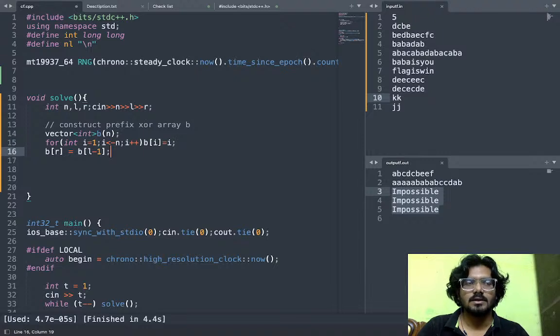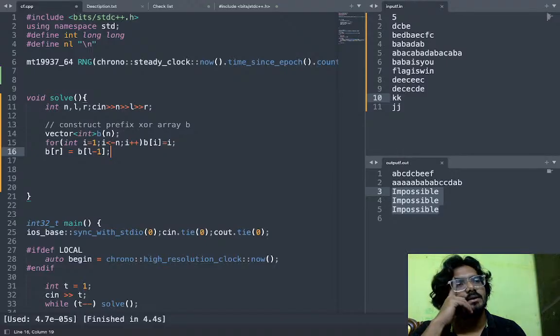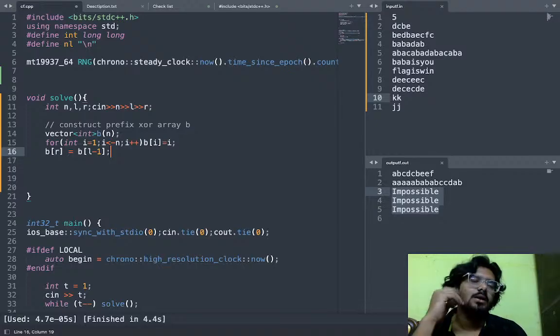And if B left minus 1 doesn't exist, then what to do? Say 1.